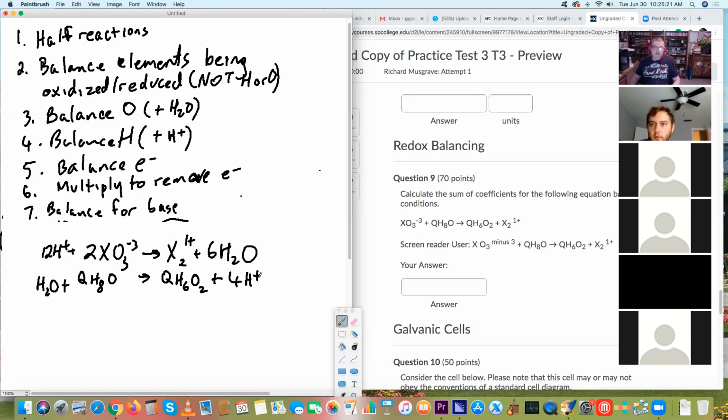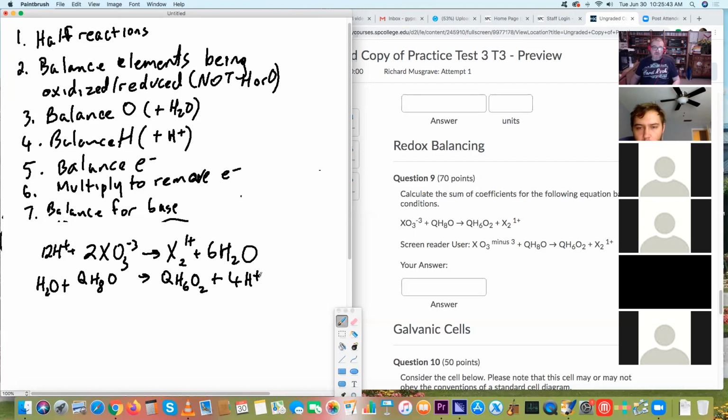So the charge on the reactant side of the first one would be +6, correct? It would. And what's the charge on the product side of the first one? Would it just be +1? Yes, that's right.